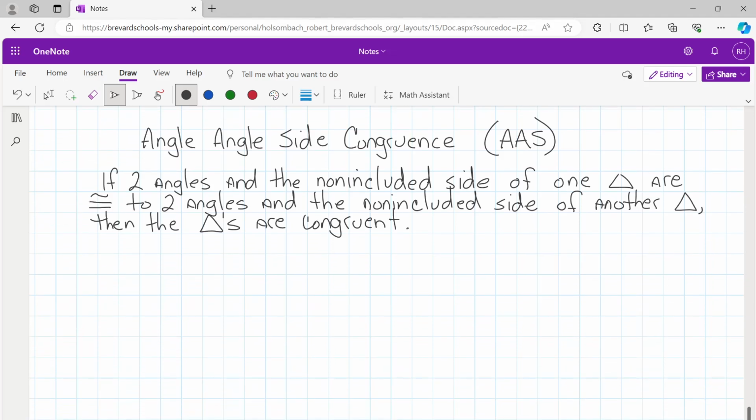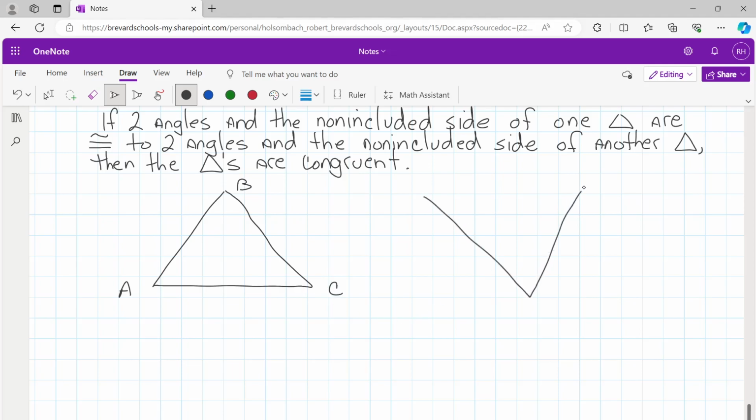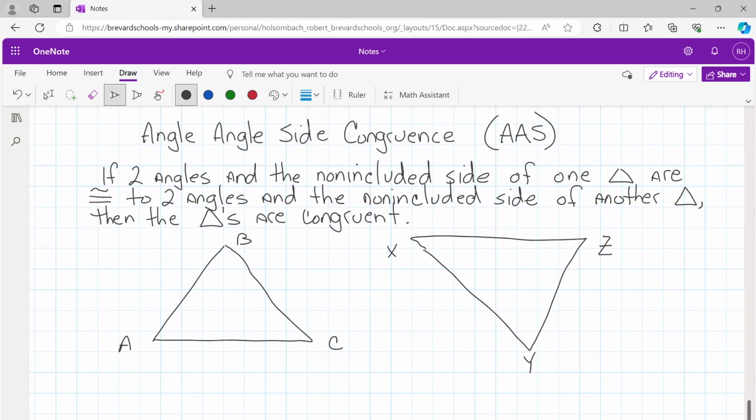All right, so let's draw a picture. If we take a triangle here on the left, ABC again, triangle on the right, X, Y, and Z. All right, so if we follow the acronym when we're marking these sides, and we go angle, angle, side, angle A, then angle C, and then a side.